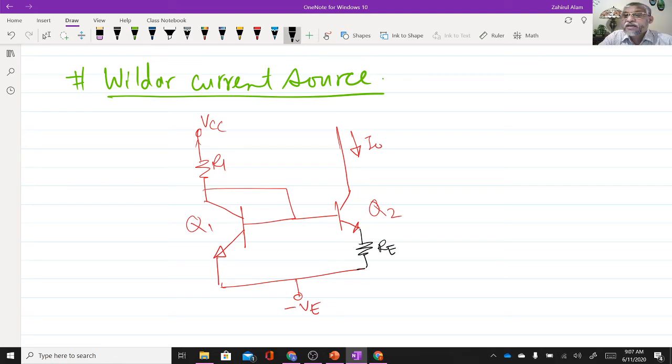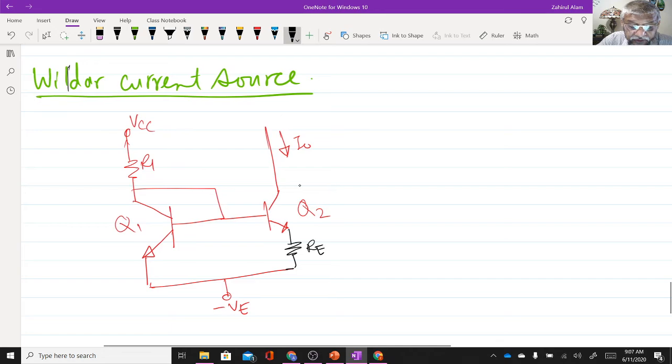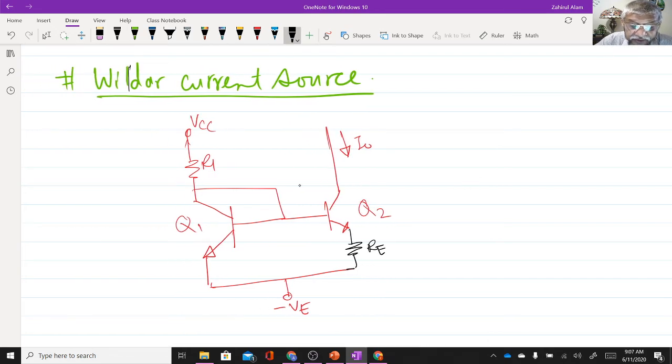Then this configuration is known as Widlar current source, and if we consider this configuration, Q2 has output resistance, and also there is a series RE. So now both are connected in series, therefore total output resistance is larger compared to a single transistor.